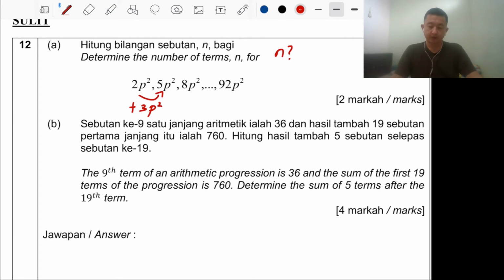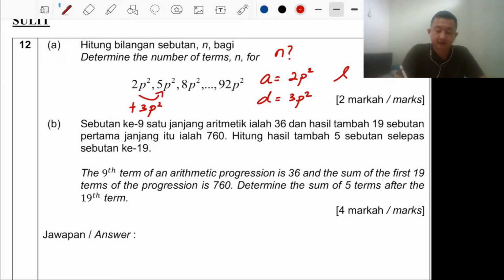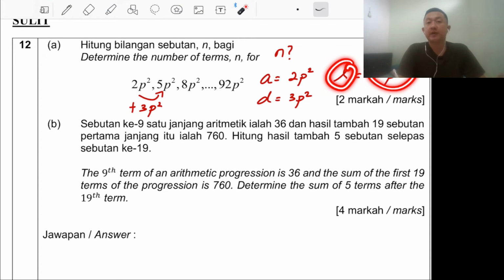So the A is 2p squared and the D is 3p squared and the last term is 92p squared. Since the last term is given, which formula are we going to leverage on? The nth term formula, right? Cannot be the Sn formula, the nth term formula.